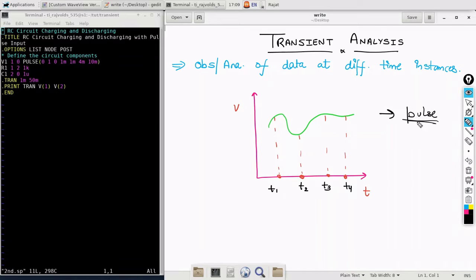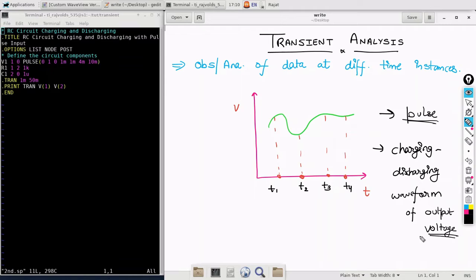If we apply a pulse to a simple RC circuit, as we all know, it is a case of charging and discharging of a capacitor. So by applying this pulse, we are going to see the charging and discharging waveform of the output voltage across the capacitor.